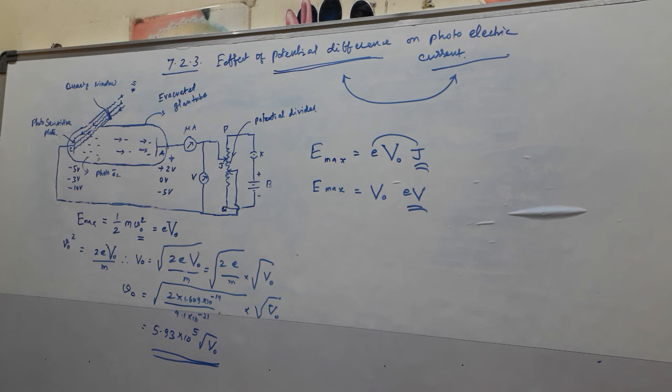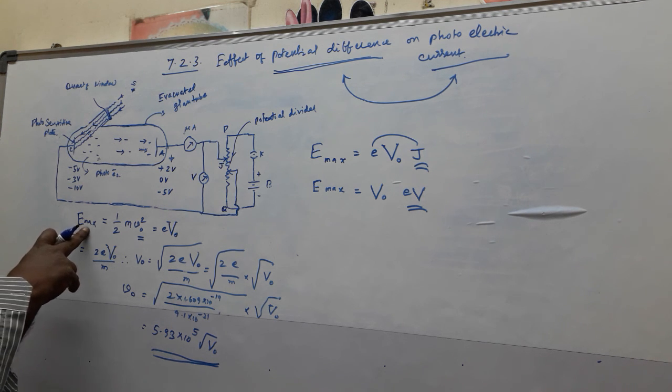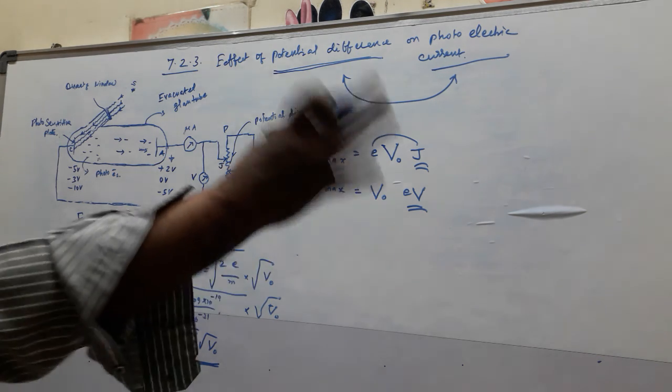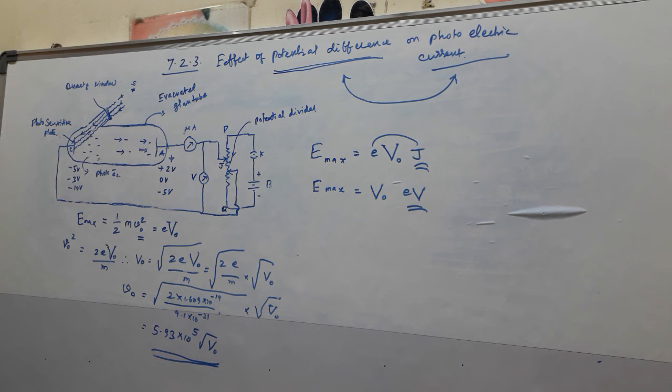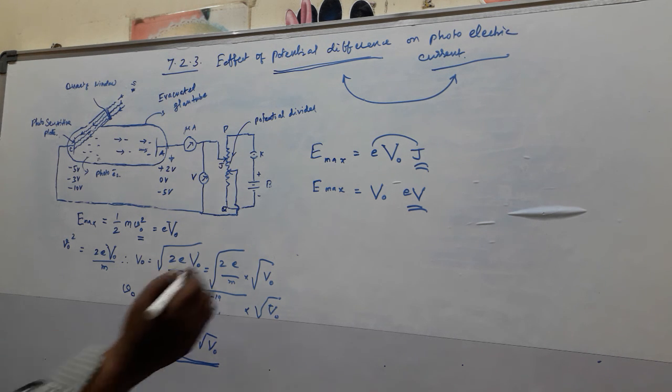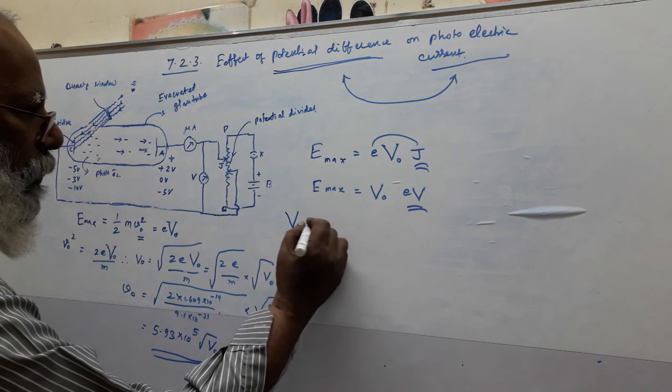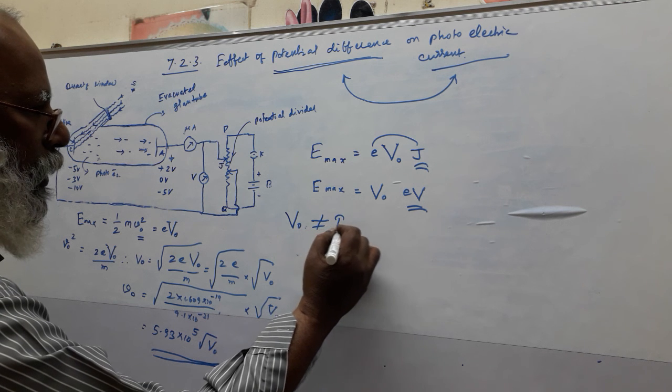This implies that the maximum kinetic energy of the electron will not depend on the intensity. It does not depend on intensity.